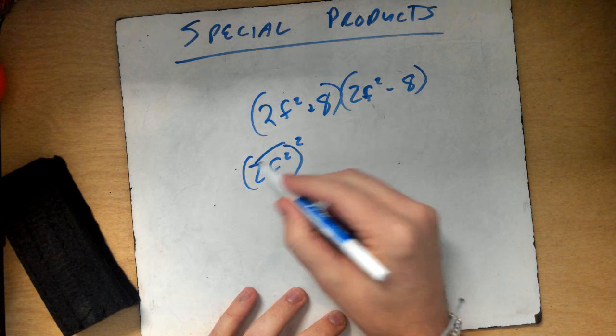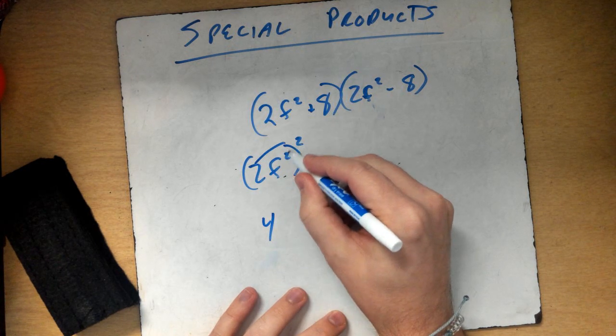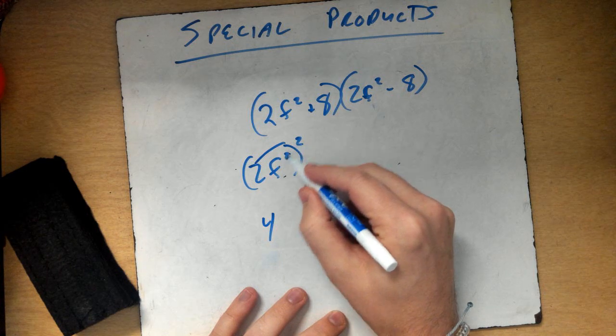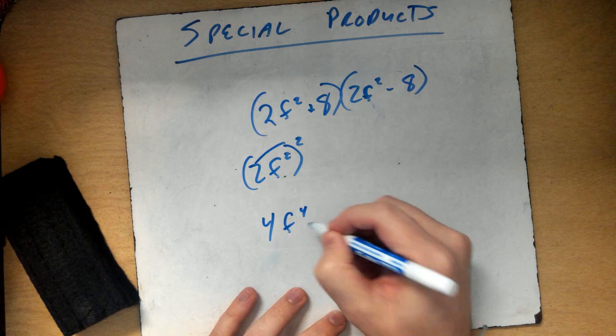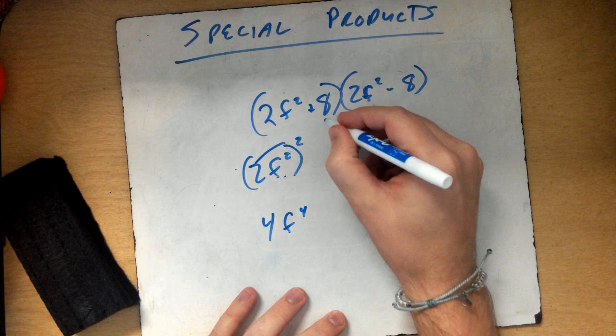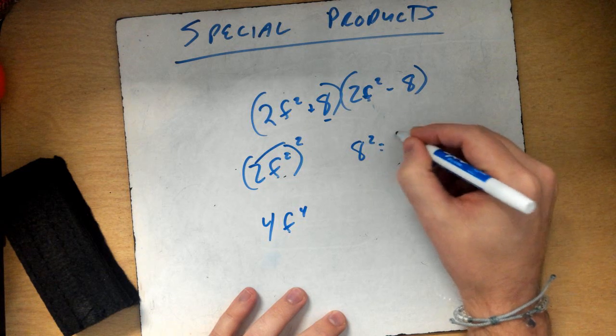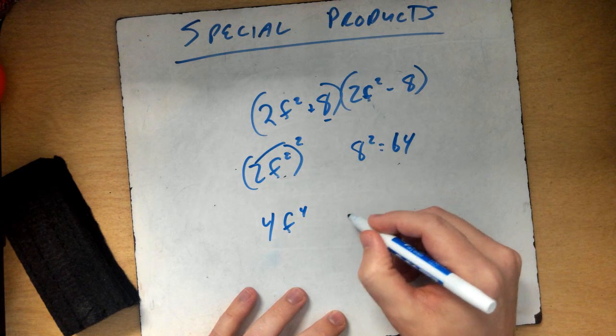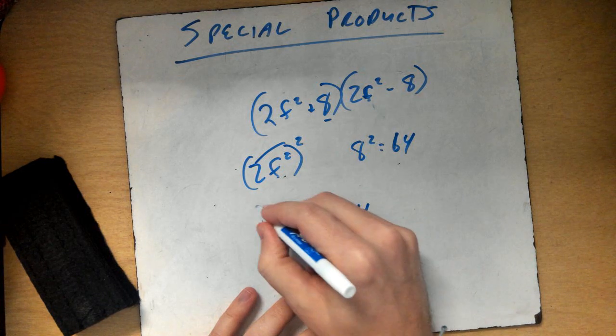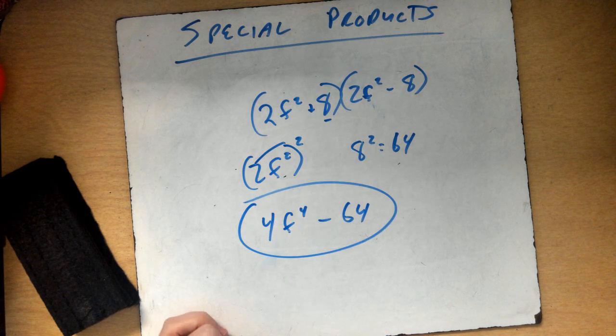So 2 squared is 4, and f squared, multiply the 2s to get f to the 4th. Second term, 8 squared is 64. So 64 and a minus in between. Simple.